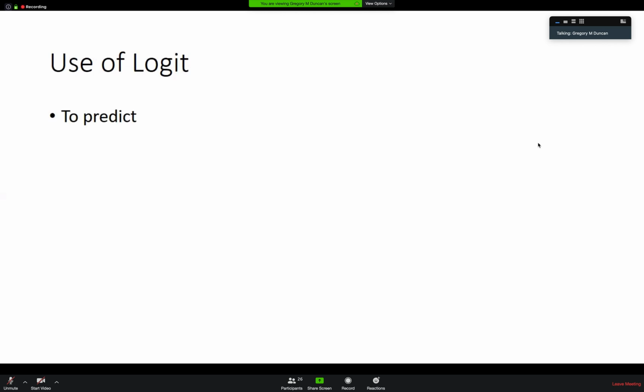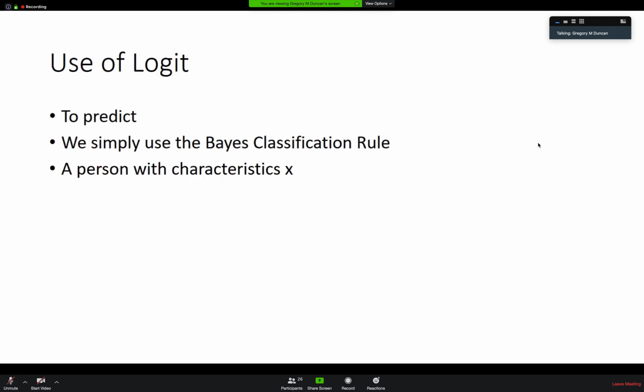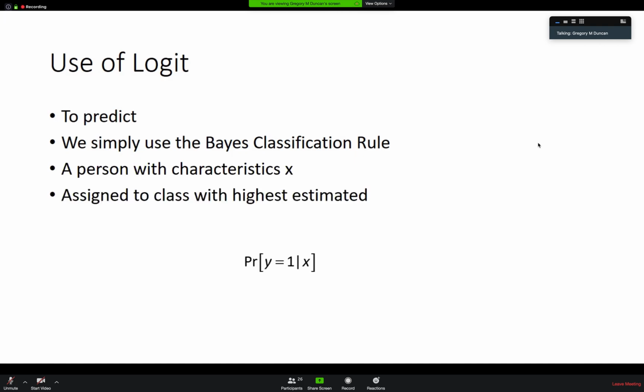Another use of Logit, I mentioned, is to predict. How do we do it? We simply use the Bayes classification rule. So I predict your probability of having a 1. If it's greater than 0.5, I say you're going to have a 1. If it's less than 0.5, I say you're going to have a 0. A person with characteristics X is assigned to the class with the highest estimated probability.